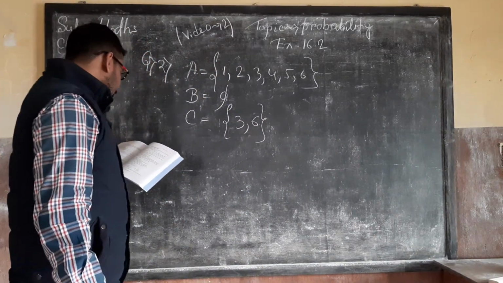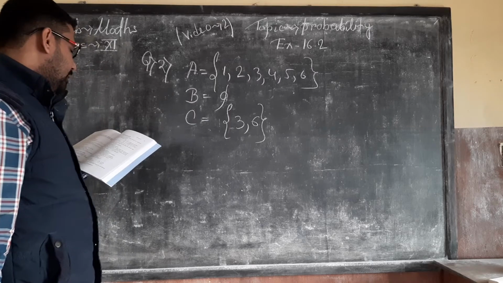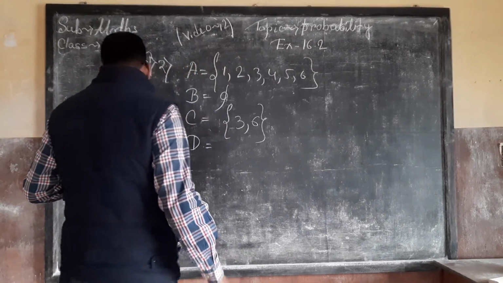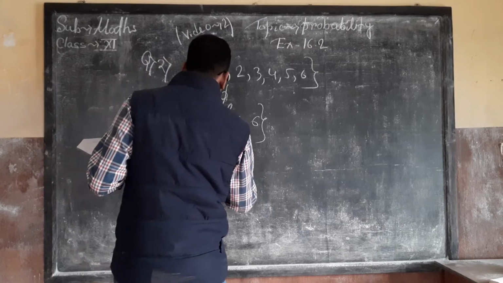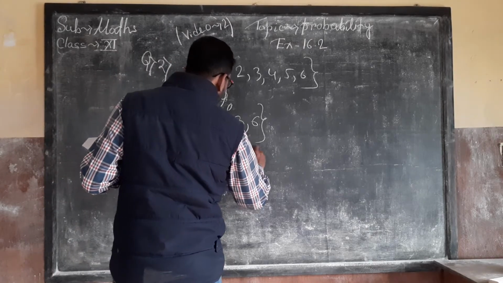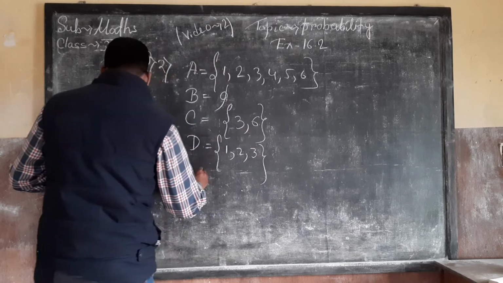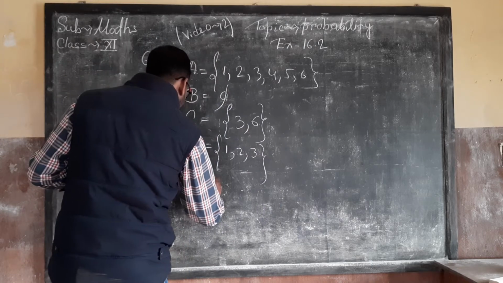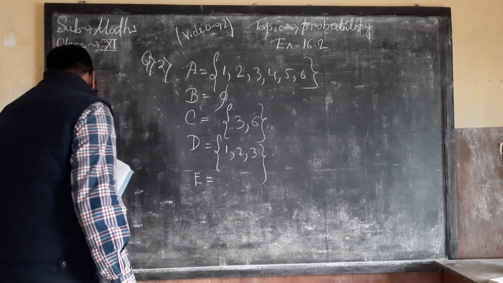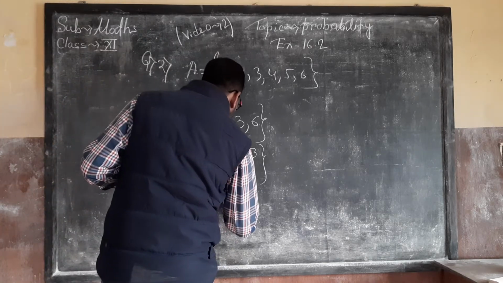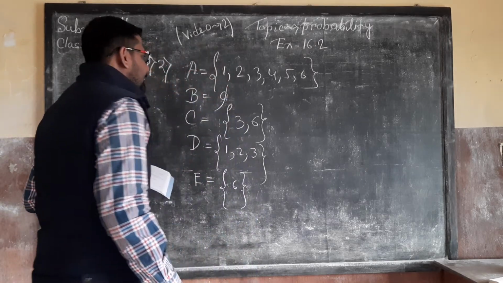After that, D is an event, a number less than 4, that means 1, 2, 3. E is another event, an even number greater than 4. Even number greater than 4, that means it contains 6.